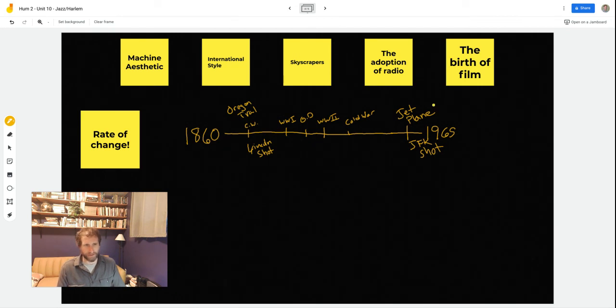And I mean, talk about insane bookends between the Oregon Trail and Lincoln being shot and a jet plane and JFK being shot. This time period, we're looking at this modern period right in here. If we go from there to somewhere, not all the way back to Lincoln being shot, but somewhere in there, it's astounding. And there's more to come.